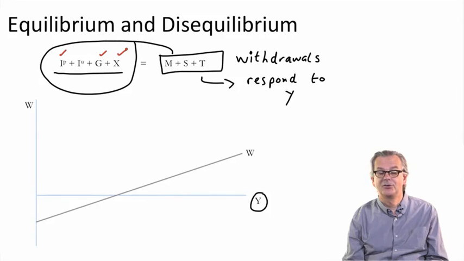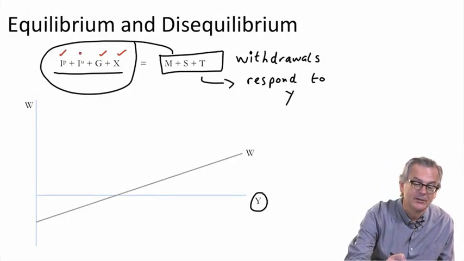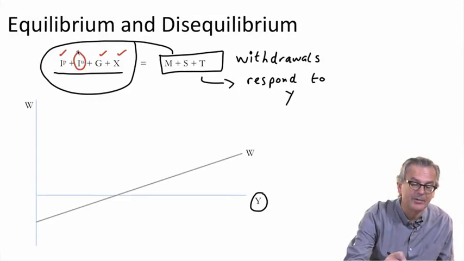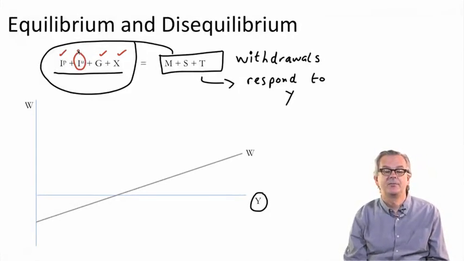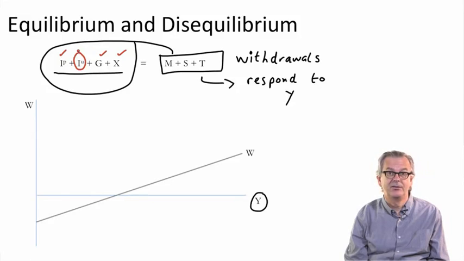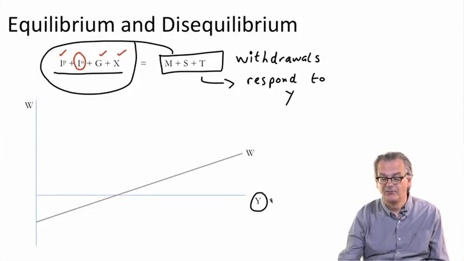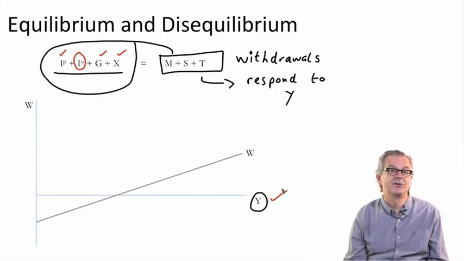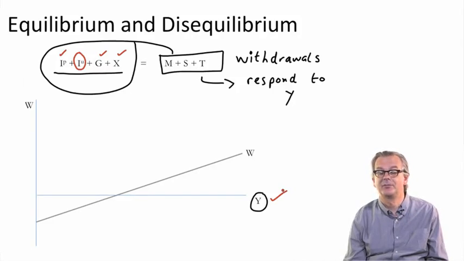Well, that's certainly true for those three components, but that's not true of unplanned investment, where unplanned investment can, through unexpected inventory changes, vary according to production. If you're producing too much relative to planned aggregate expenditure, for example, then you're going to see unplanned inventories increase.